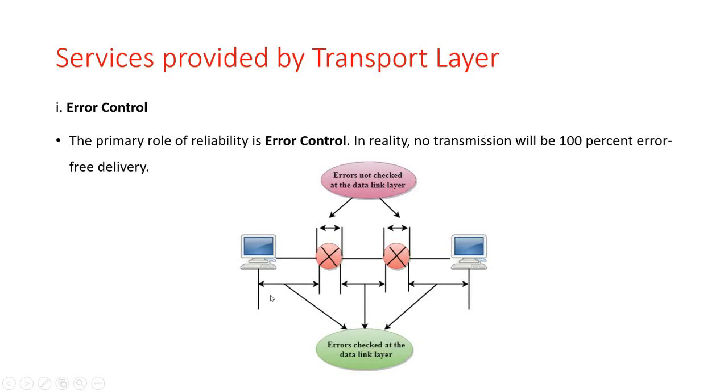So if we use the data link layer, it checks the data only node to node. Okay, so the data link layer provides the error handling mechanism, but it ensures only node-to-node error-free delivery. So node-to-node reliability does not ensure end-to-end data reliability. It checks the data only node to node; here it will not check whether our packet is being received at the destination or not.